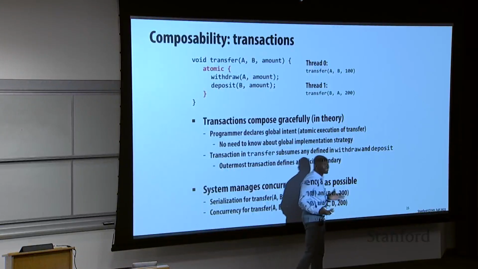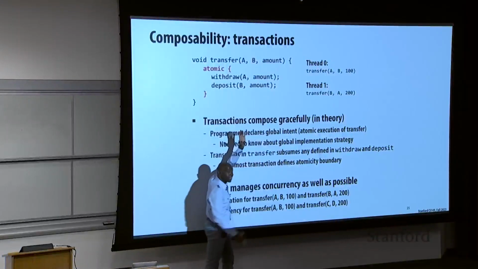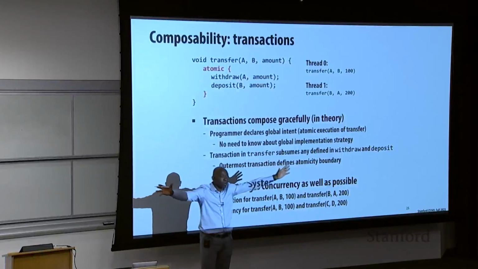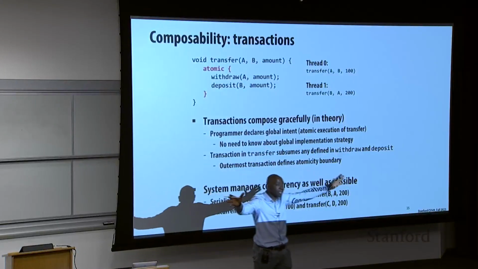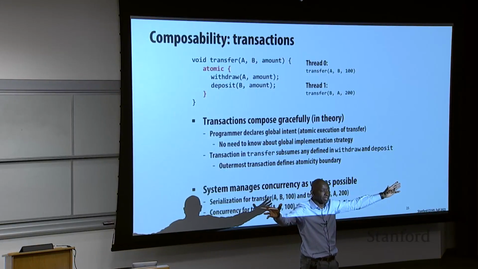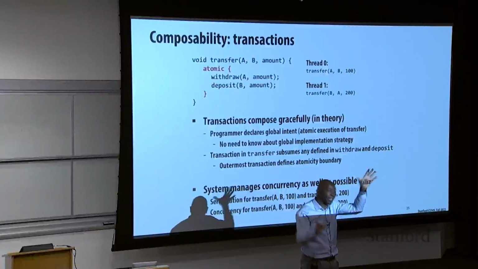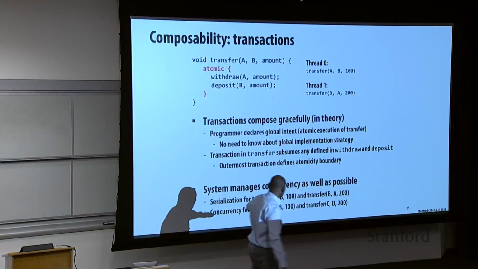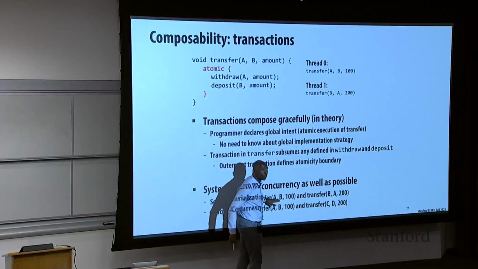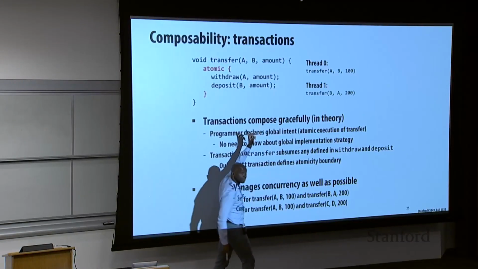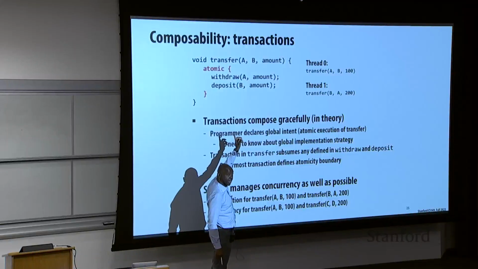No, you are inside a transaction. Both of them are inside. They're two transactions. They're executing at the same time. And the question is, do they conflict? Yes, then we serialize them. No, then they should get to run concurrently. Right? So in this case, we serialize the two transfers in this example.